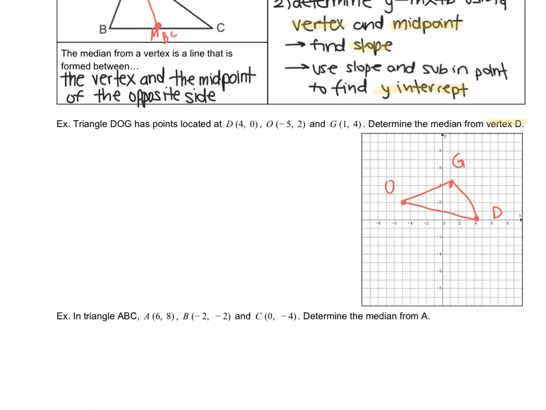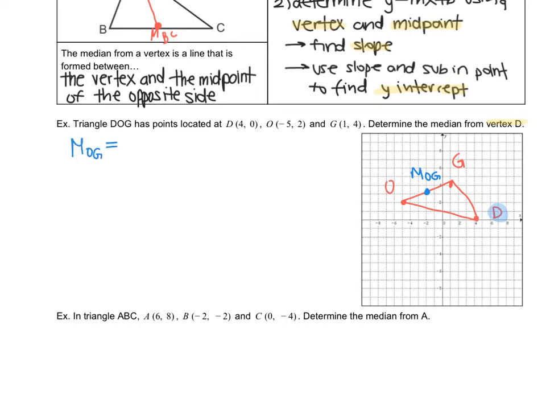And now we know from reading the question carefully that we are starting at coordinate D, which means the opposite side is OG, and we will require the midpoint of OG. So we already know that that is our first step, midpoint of OG.